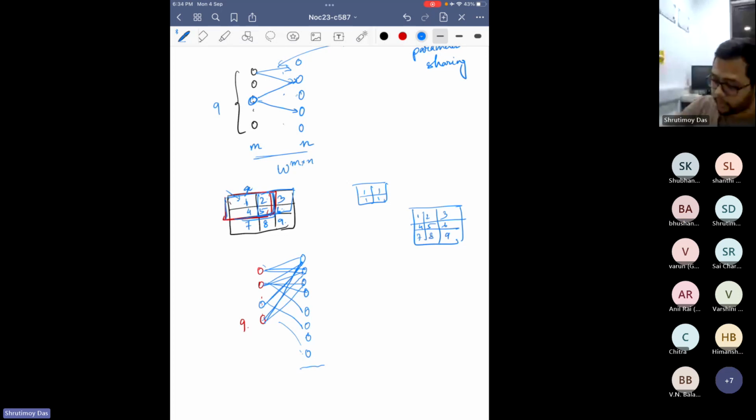When the kernel is at this point, we have this 1, 2, 4, 5 patch, and we have this 1, 1, 1, 1, so basically multiplying each of these with this one.